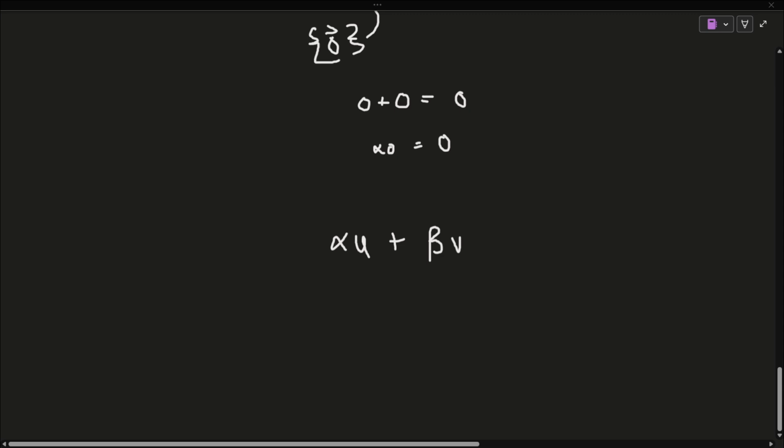And one more thing to go over is we want to understand, well, what about these linear combinations? This is a linear combination here. So is there something we can call a set of linear combinations? And yes, there is.